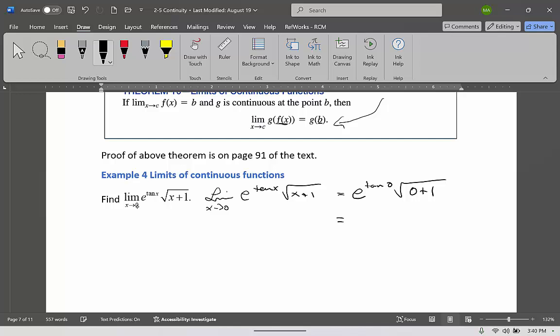Okay, and tangent of 0 is 0, so this is just e to the 0 times the square root of 1, which is just 1. Okay, so anytime we know that the function is continuous, then we can evaluate its limit by simply evaluating the function.